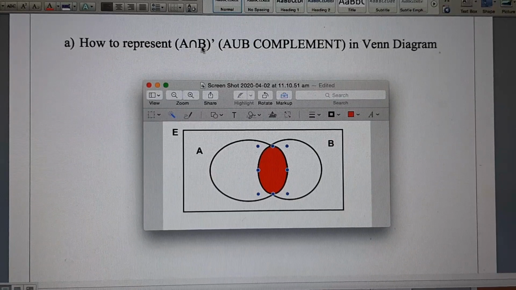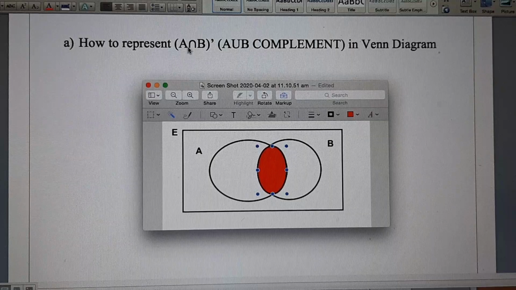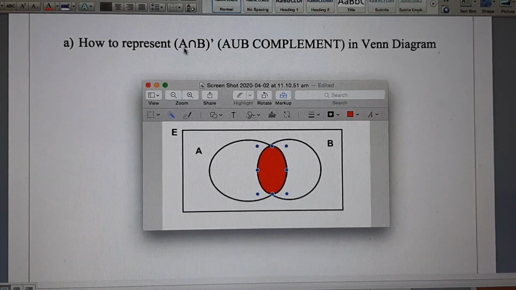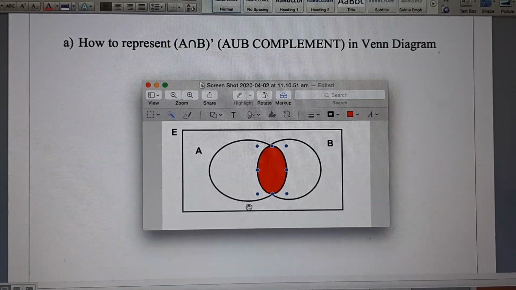Now the problem here is that we have to shade the region that includes A intersection B complement. Now complement of A intersection B means you are not supposed to shade A intersection B. You are not supposed to include this one. However, in complement, you have to shade the region outside this overlapping part.